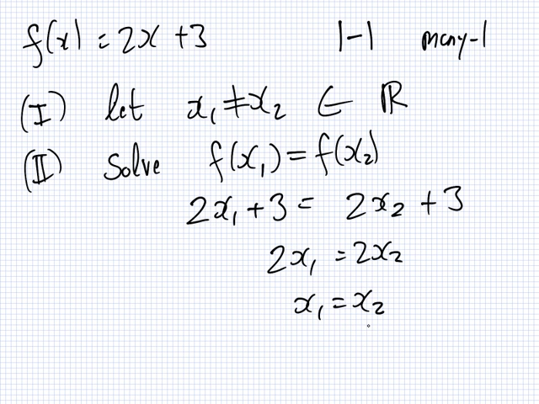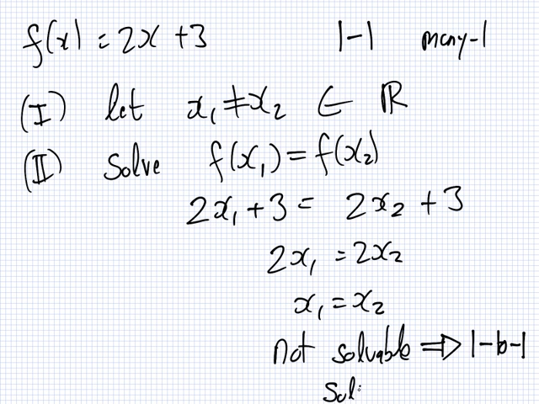That's a solution. But we're forbidden from doing that because at the very beginning we said x1 does not equal x2. So this is not solvable, and that implies it is one-to-one. If this was solvable, then that would make it many-to-one.